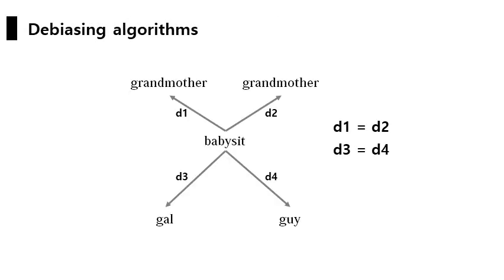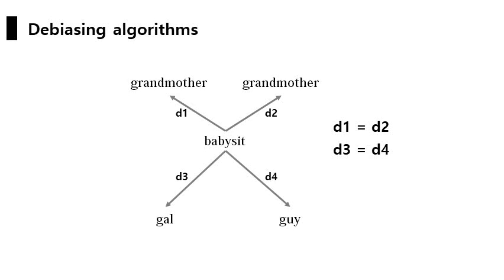Neutralize ensures that gender neutral words are zero in the gender subspace. Equalize perfectly equalizes sets of words outside the subspace and thereby enforces the property that any neutral word is equidistant to all words in each equality set.